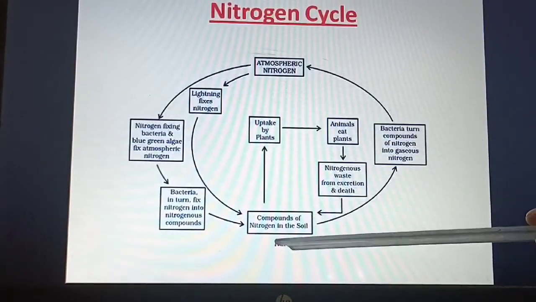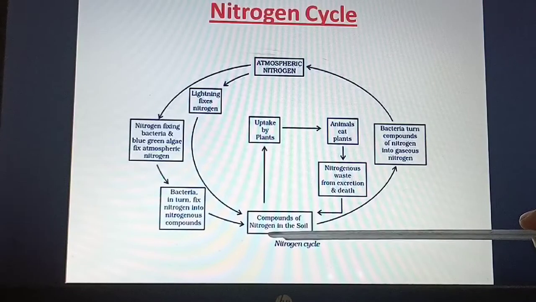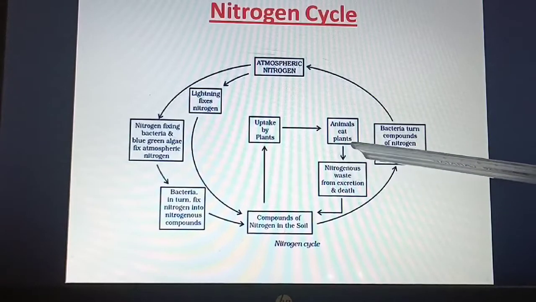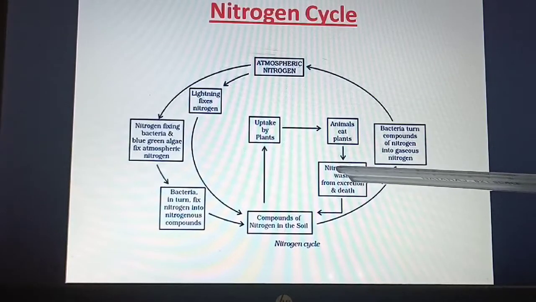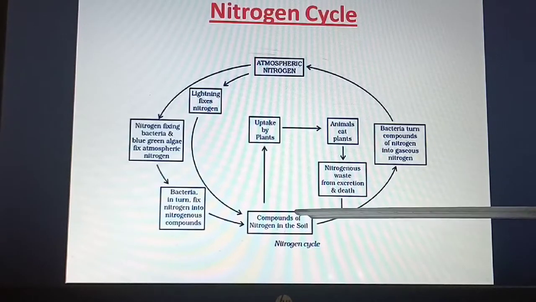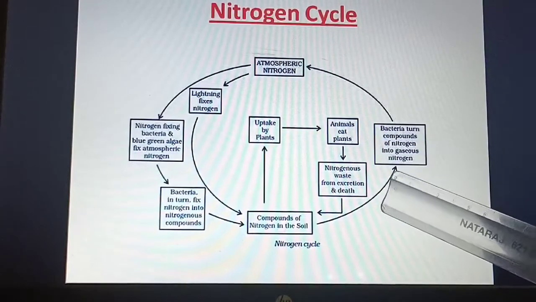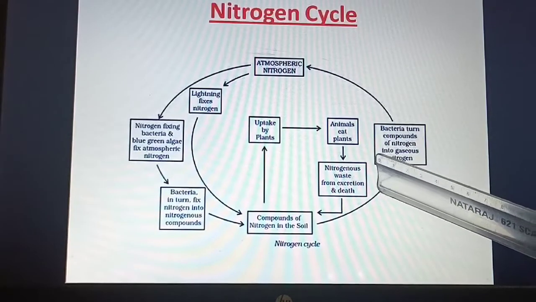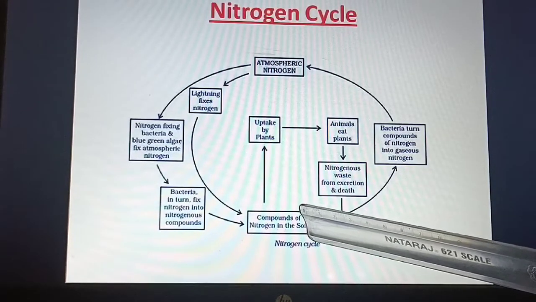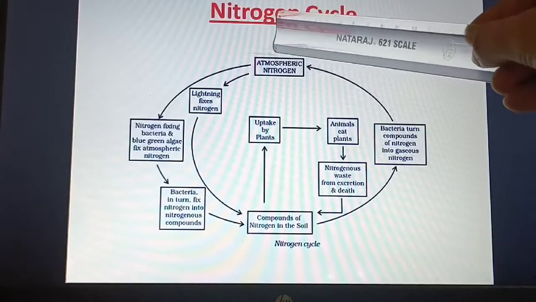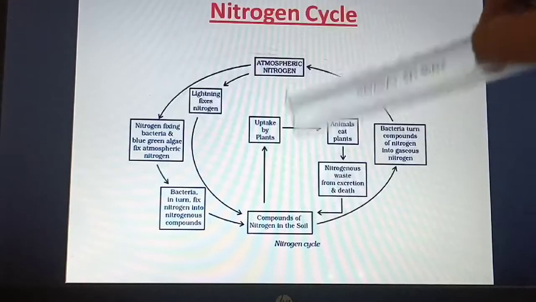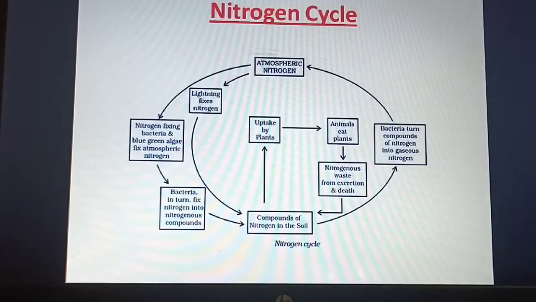This is another way: plants take up the compounds of nitrogen, animals eat them, and the nitrogenous waste from excretion and death is passed out again to the soil, or when the animals die they decay in the soil. So nitrogen is again fixed in the soil. Sometimes atmospheric nitrogen is fixed through the act of lightning. So these are the three ways in which nitrogen is fixed in the soil as well as in the atmosphere.